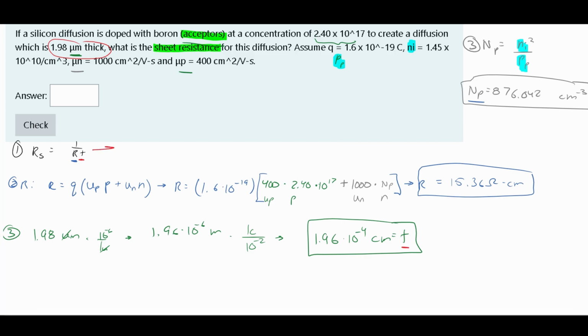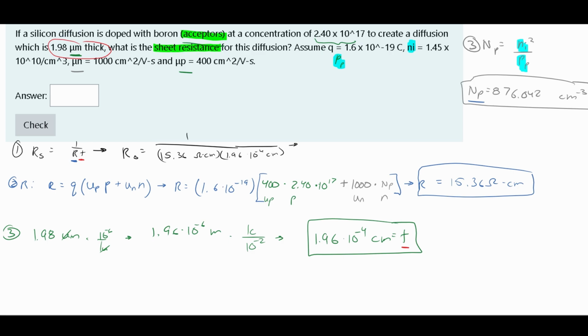Let's go back here. I'll continue doing that in black. Back here, we have RS equal to 1 divided by our R, which is 15.36 ohms per centimeter, and then our thickness, which is 1.98 times 10 to the negative 4 centimeters.